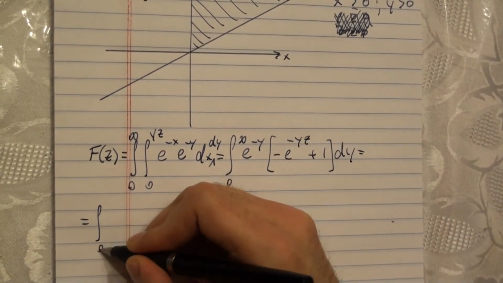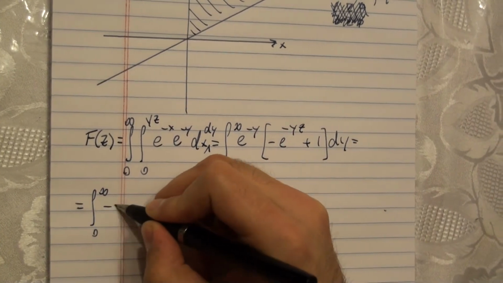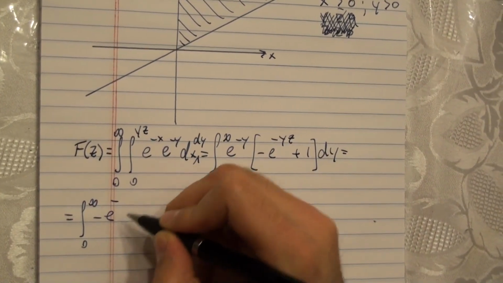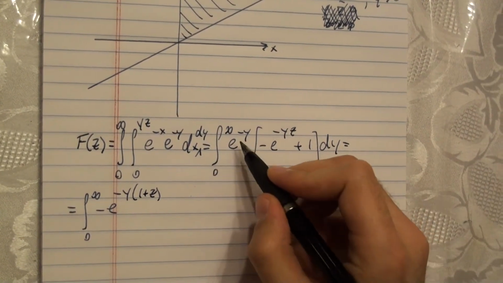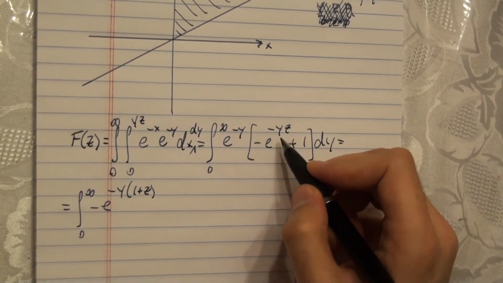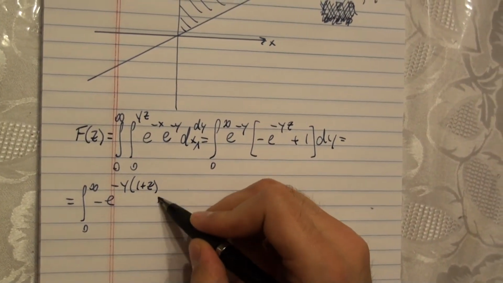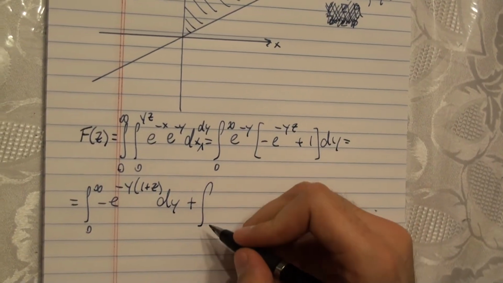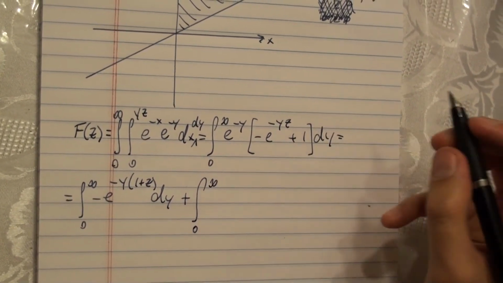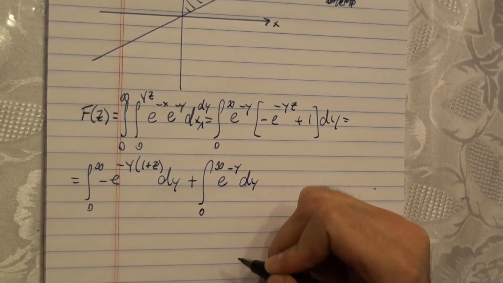So I have integral 0 to infinity of minus e to the minus y minus yz. So I took out the minus y, so I get 1 plus z dy. Then I have plus integral 0 to infinity of e to the minus y dy.